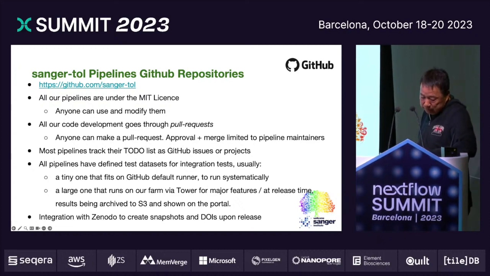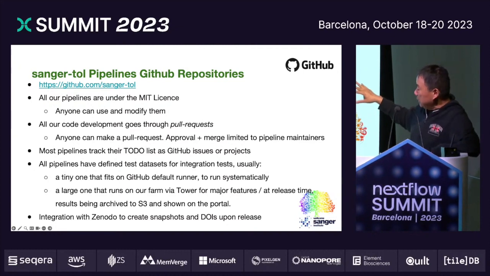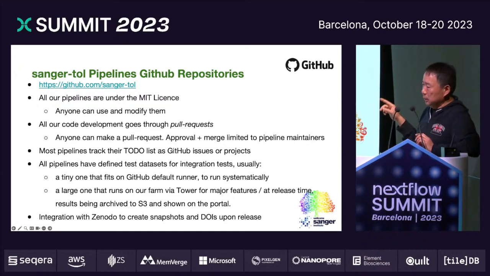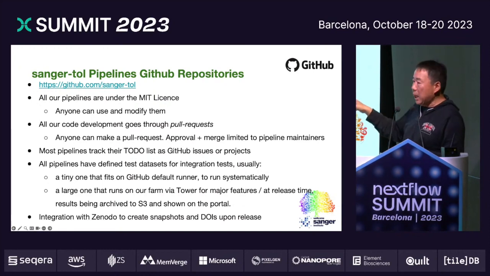Our pipelines are fully tested. There are two tests configured in GitHub Actions. The first is a small test that runs on the GitHub runner, so anybody can run this test if you download the pipeline locally. The other is a bigger test that runs through Tower and executes on our farm.